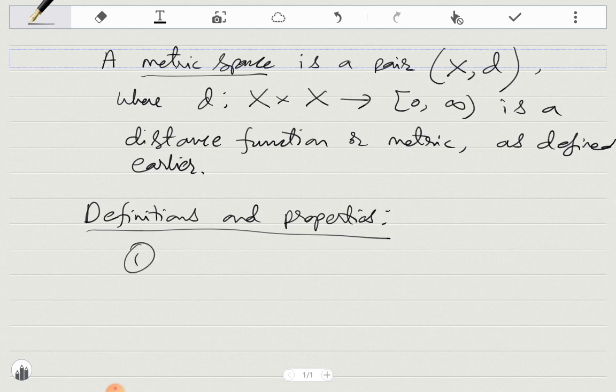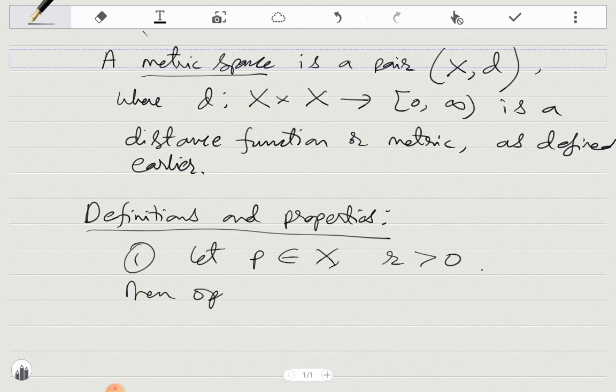The fundamental concept in a metric space is that of a ball. So let P be a point in X and r a positive number.